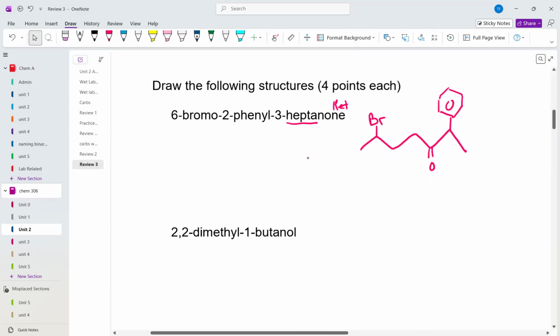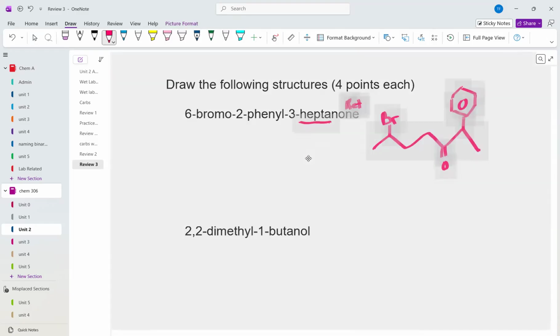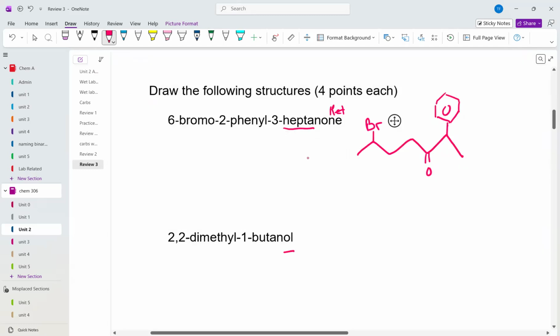Okay. Butanol, a 4-carbon alcohol. Alcohol is on carbon number 1. And here we have 2 methyl groups on carbon number 2.